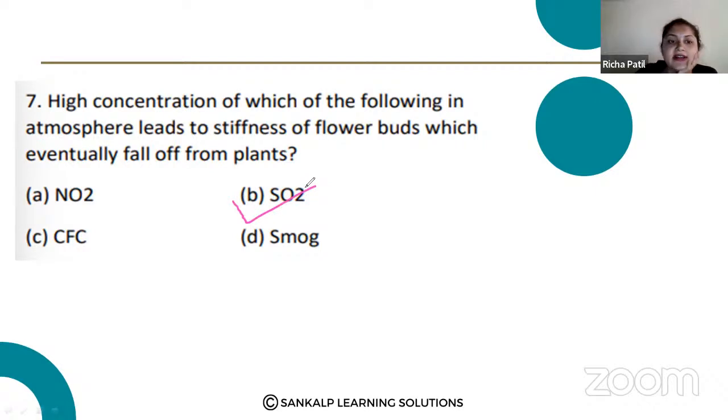Why? Because of acid rain. Because of acid rain, the flower buds become stiff and eventually fall off from the plants.